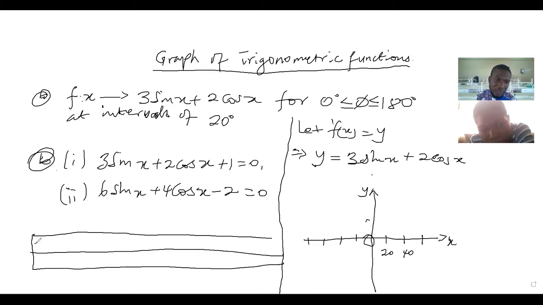Then you have your x here and your y here. The intervals are 20. Let me speak about the intervals in full. They said 0 degrees less or equal to, here is supposed to be x because we are not using theta in this question, we're using x.